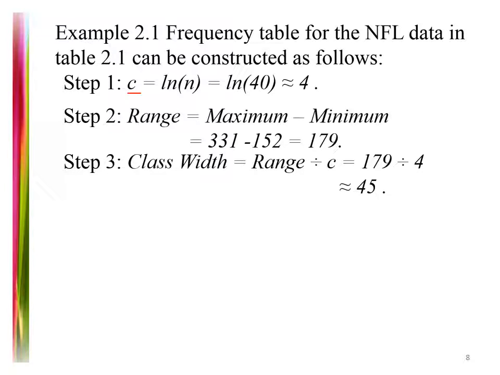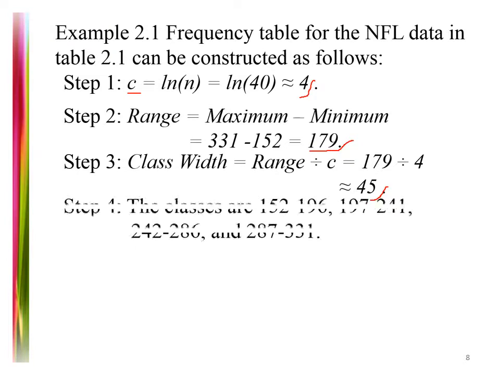In this case the range is equal to 179 and the number of classes is 4. So 179 divided by 4 is approximately 45. So the class width is 45. For the classes, first this is our lower minimum value 152 and this is the maximum value.